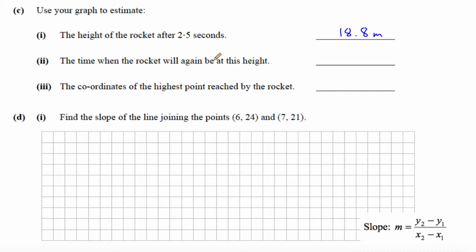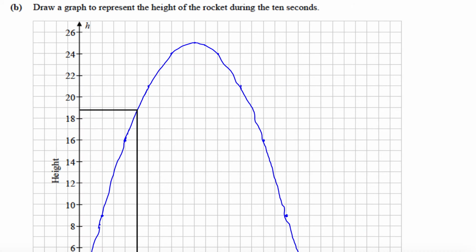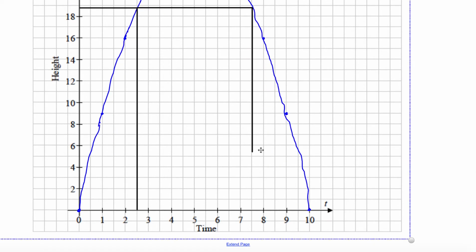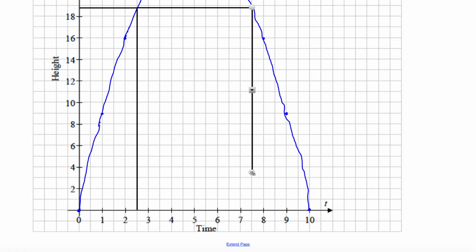Part 2, the time when the rocket will again be at this height. So when will the rocket again be at this height? Well, if you continue the line across, and then from there you go down, you can see that the time when it will again be at this height will be at 7.5 seconds.